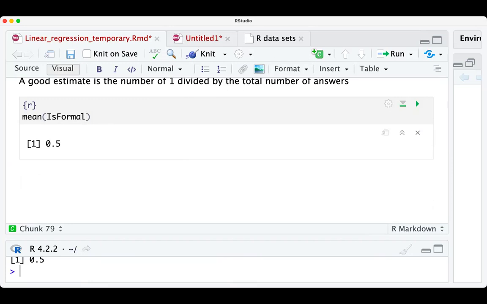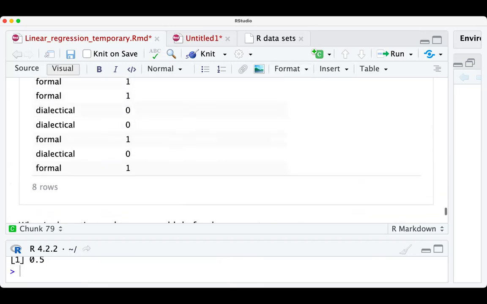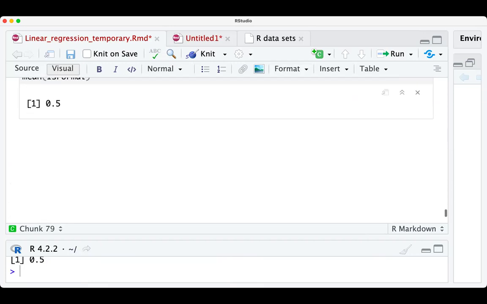assume now that we make a more precise experiment. This is a stupid experiment, so we record, instead of only the form they used, also the age.